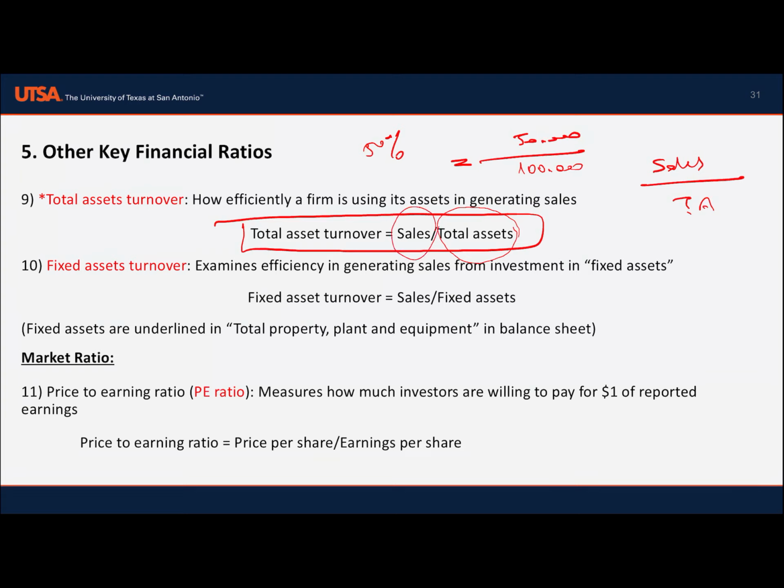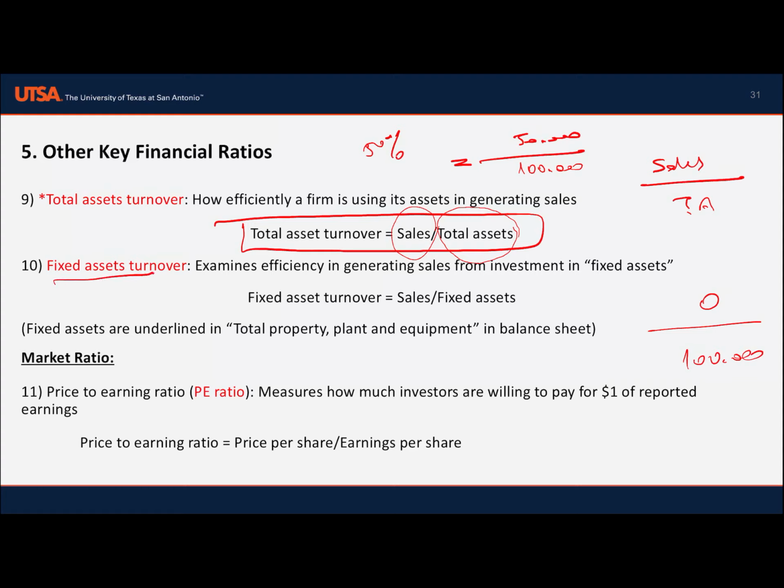So think about it this way: if you have very minimal assets but your sales are very high, it means the company is more efficient. The same logic can be applied in reverse: sales are 0, but you have 100,000 in assets. You have assets but no sales, so the company is not efficient. So these ratios show the efficiency of the firm.